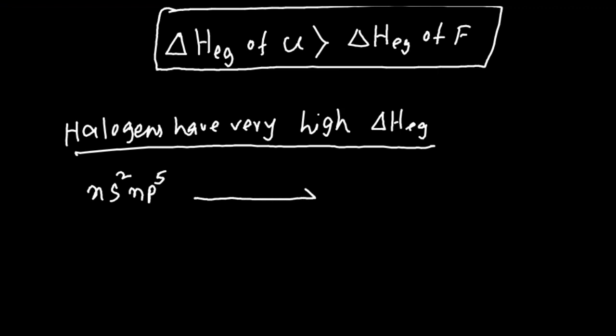So for halogens, in order to attain their inert gas configuration, that is ns2np6, what will they have to do? They'll have to accept one electron, isn't it? And they will accept this electron very easily. Okay, that means they will tend to accept this electron in order to become stable configuration ns2np6.